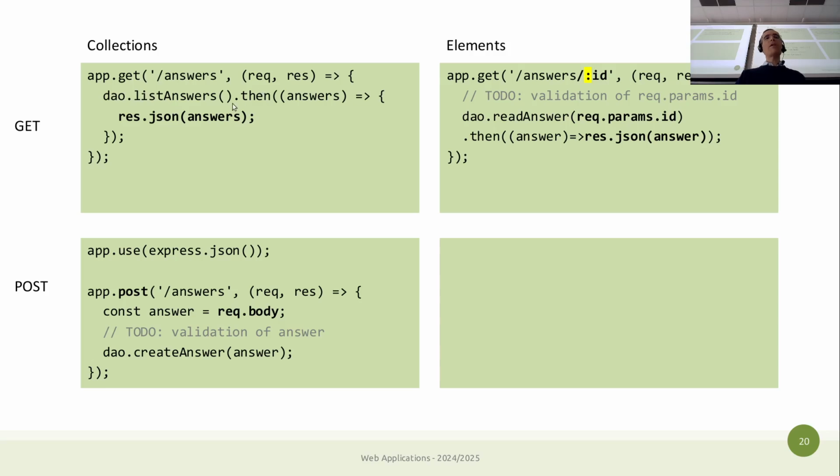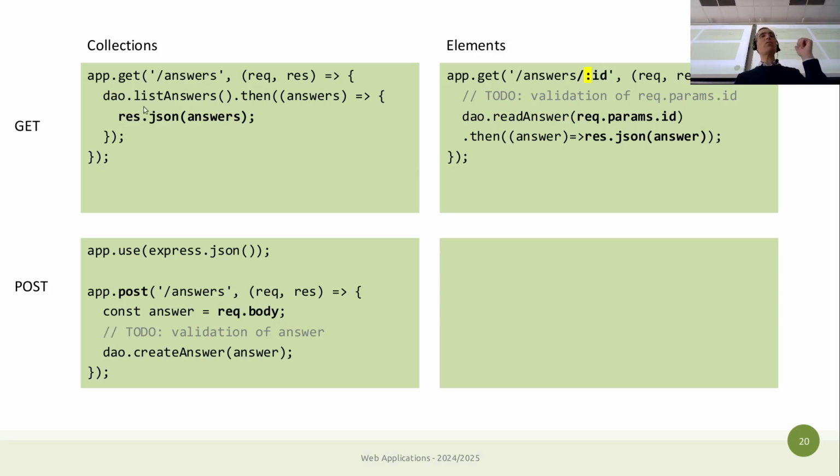Okay, and you remember this is an asynchronous operation, right? So it returns a promise. We made the function in a way that returns a promise, and then we use the value of the promise with the .then. You can do it with await as well. That's another option. Then we get answers and need to send it back.